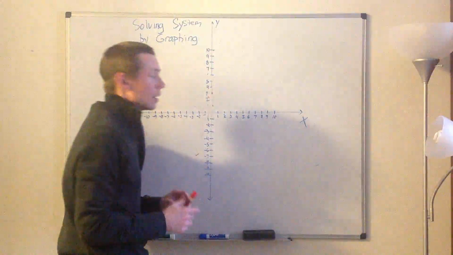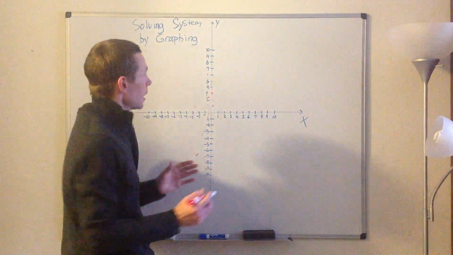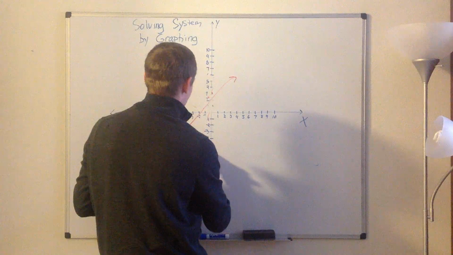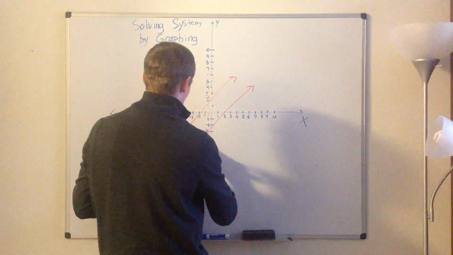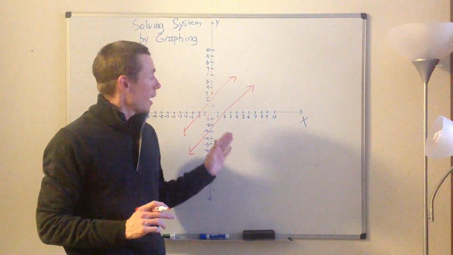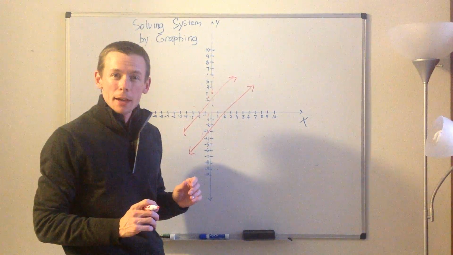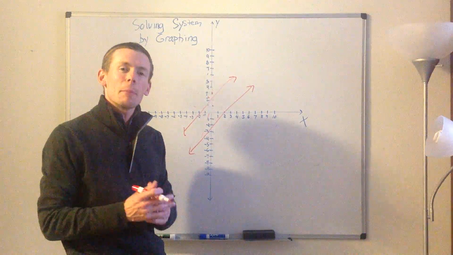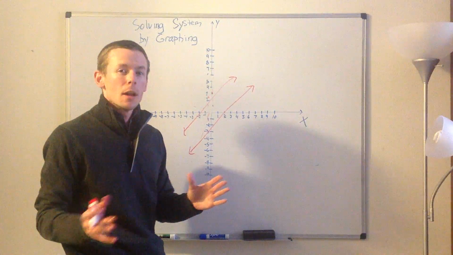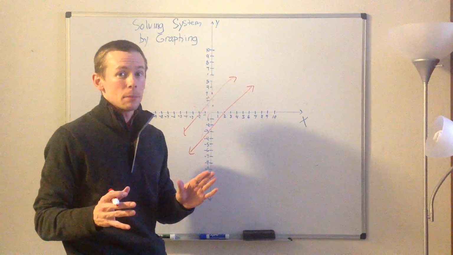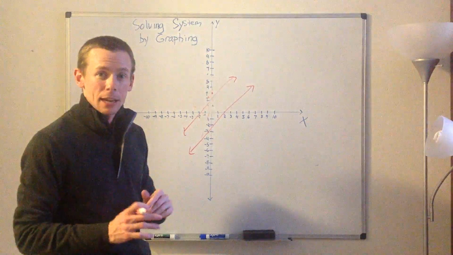So you could end up graphing a couple of lines, and perhaps it looks like this. The lines end up being parallel, and therefore they never intersect. If that's the case when you graph 2 lines, then that means there is no solution. There is no value of x and y that would make both of them true. So that's a second case.